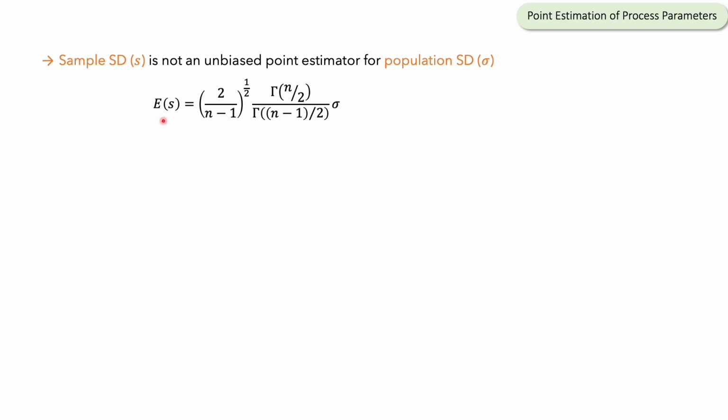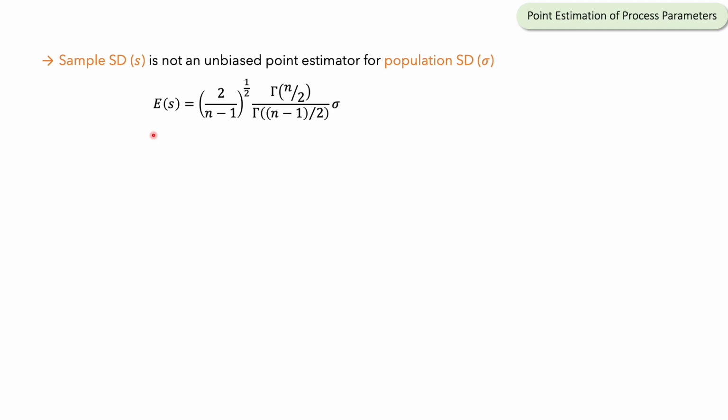There we saw that the expected value of the sample mean was equal to the population mean, and the expected value of the sample variance was equal to the population variance, right?